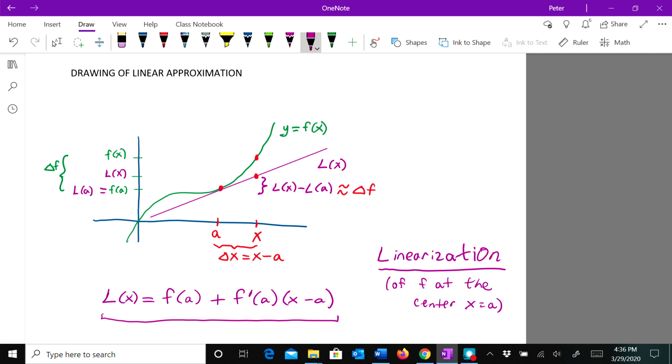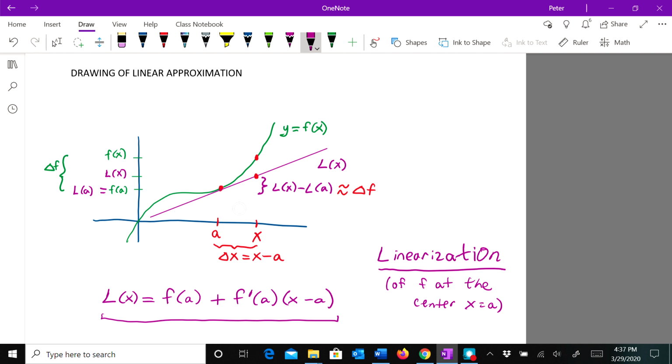Now, just to complete the terminology, as I go from a to x along the x-axis, I rise from this point along the green curve up to here. Here's f of a and here's f of x, and the vertical difference between them is called delta f.